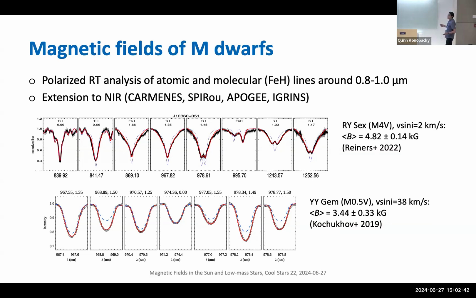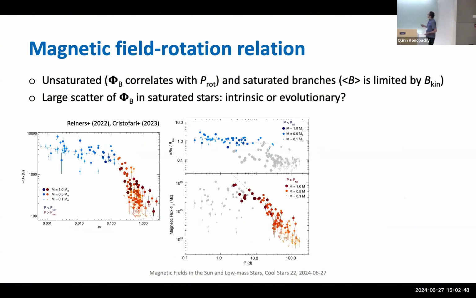So analyzing Stokes I is not limited to small rotators. That's the message here. What is the overall statistical distribution of this total field strength measurements from Stokes I?